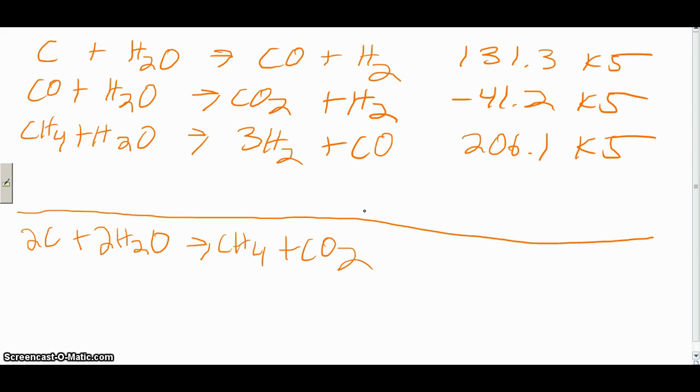For our next reaction, we have a series of reactions where you have to reverse and double a reaction. For this one, as you can tell, we need two C's, so for the first one we will multiply that by 2 right away.